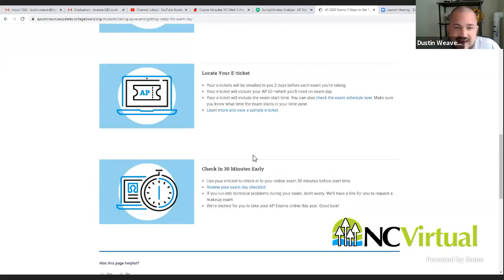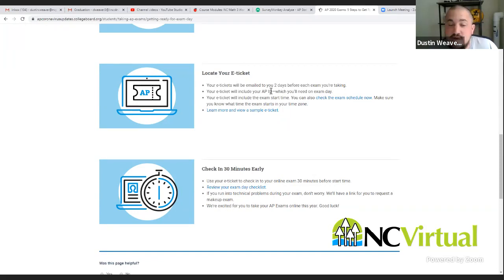There are a couple of things that I know people were having issues with. One was getting their e-ticket to load on exam day right when it was time, because there were so many people logging into the exam. Two days before the exam, you'll get your e-ticket. It'll either be on AP Classroom or in your email.